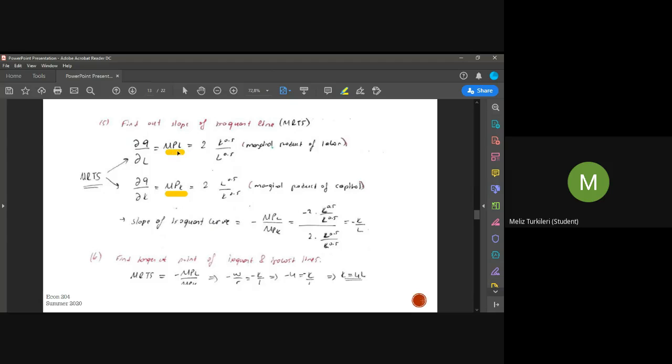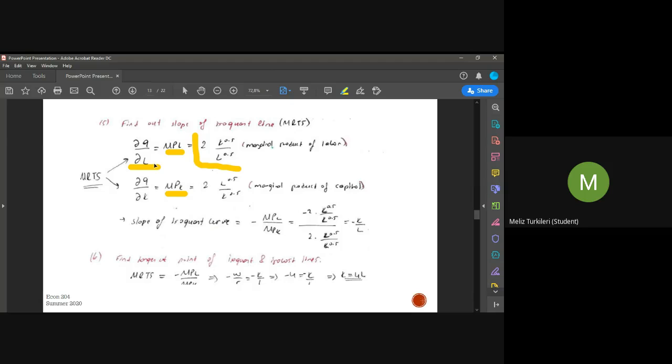Marginal product of labor is equal to the partial derivative of the output function with respect to labor. If you apply this rule to our question, you will find that this amount is our marginal product of labor.